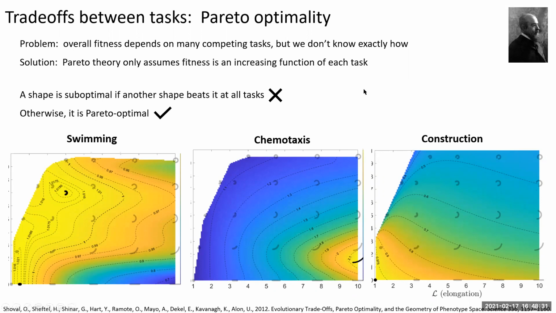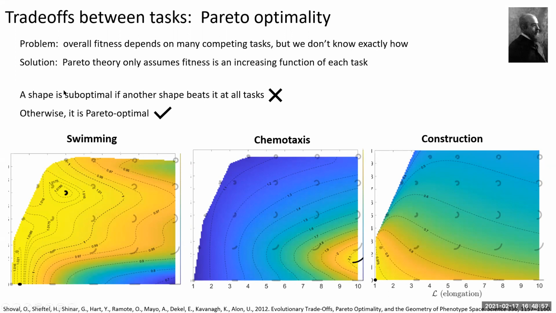We don't know the weights of each of these tasks. So this Pareto optimality theory, the solution here is you just have to assume that the rank matters. We don't know how important swimming efficiency is in the grand scheme, but we know that if you go from a swimming efficiency of 1 to 1.01, that's got to help in some way. We don't know how much it helps, but it's got to help.